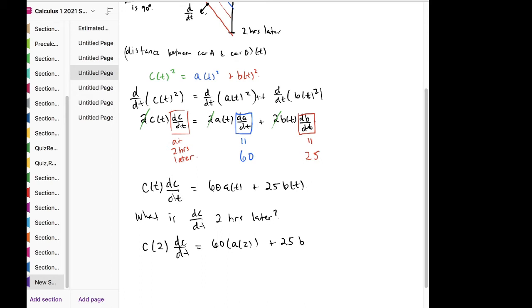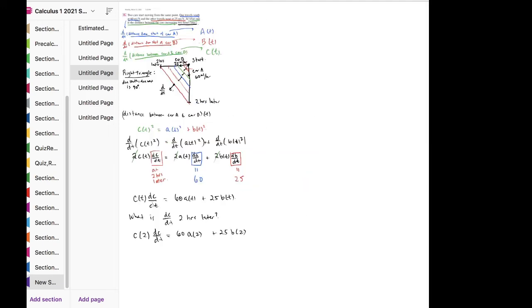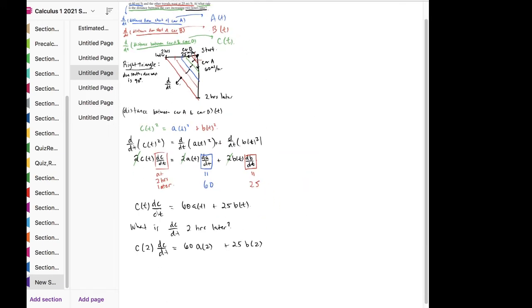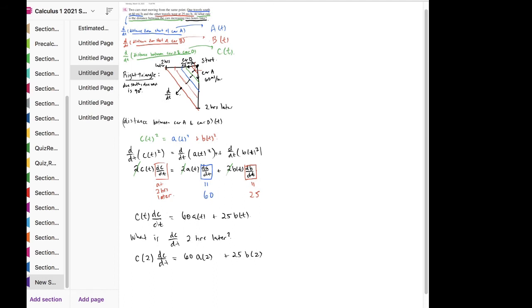Do we know what these values are? Do you know a of 2, b of 2, c of 2? Yeah, what are they? Yep. So if car A is traveling 60 miles per hour and they travel for 2 hours, they travel 120 miles.